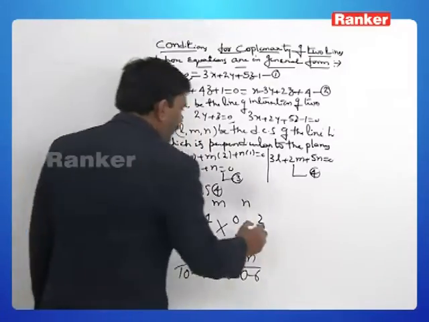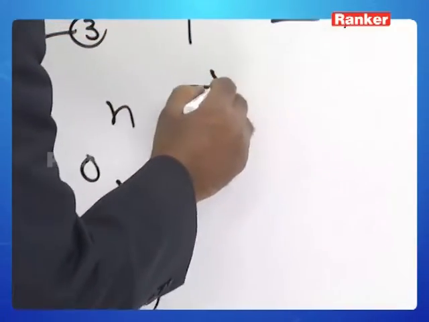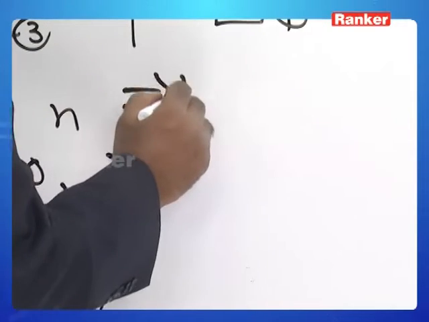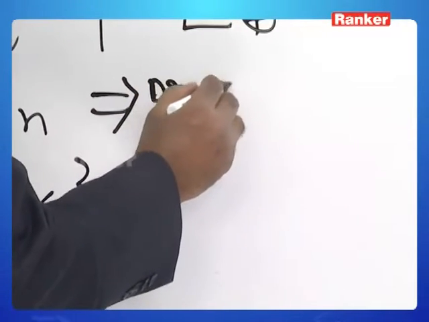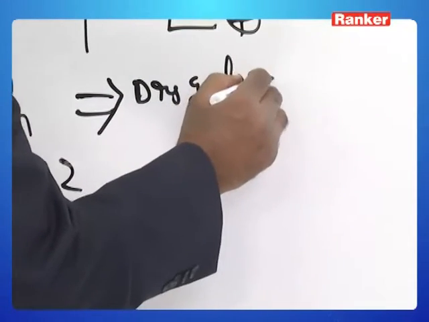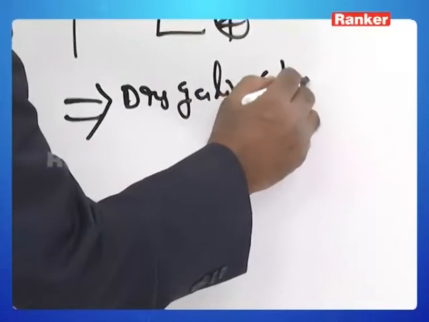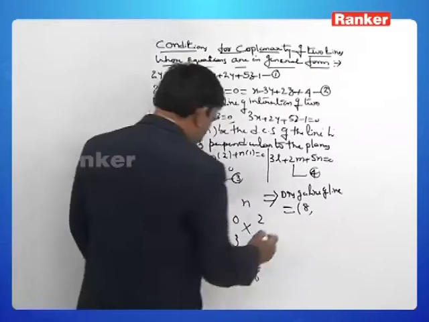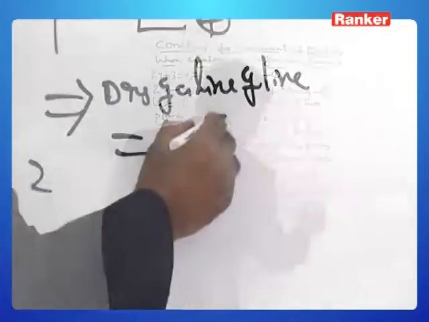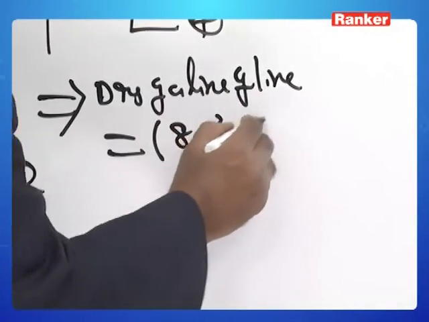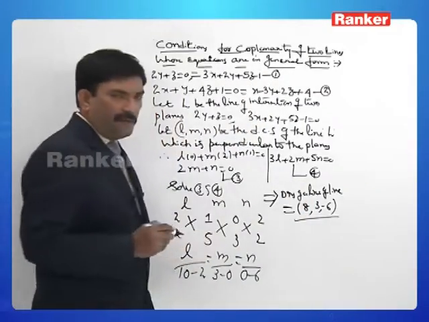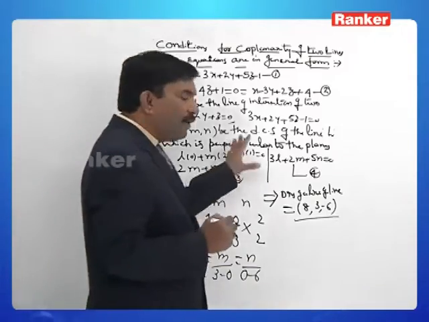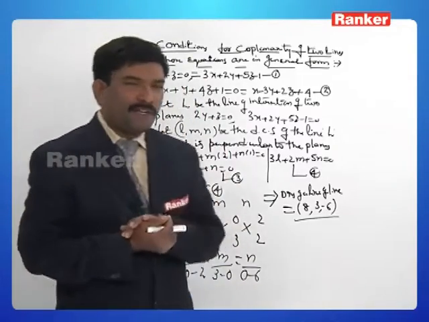So which implies the DRs of the line are 8, 3, minus 6. These are the DRs of the line. Now we got the line. So what's the condition?